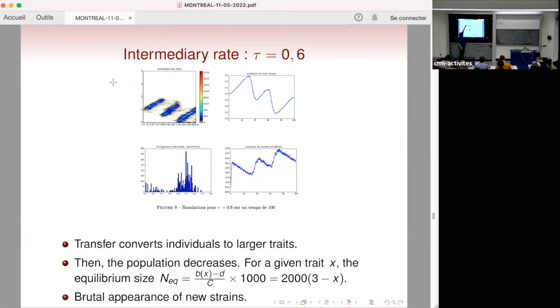I don't know if you see them, but I see they are here. And when the population here is small, it does not push enough, and so these individuals can survive, and then they will develop their own strain, their own subpopulation.